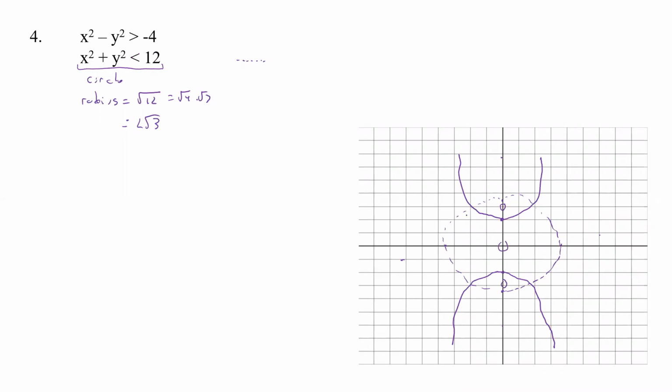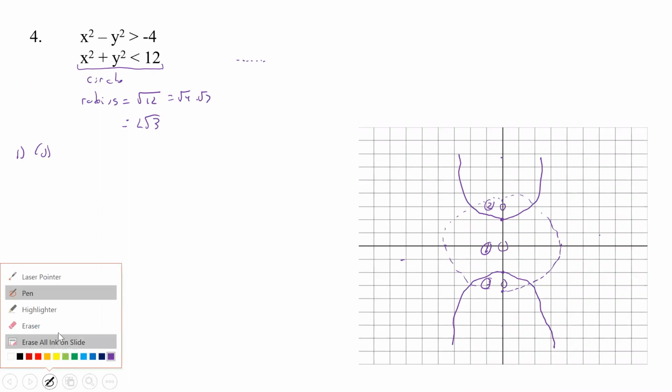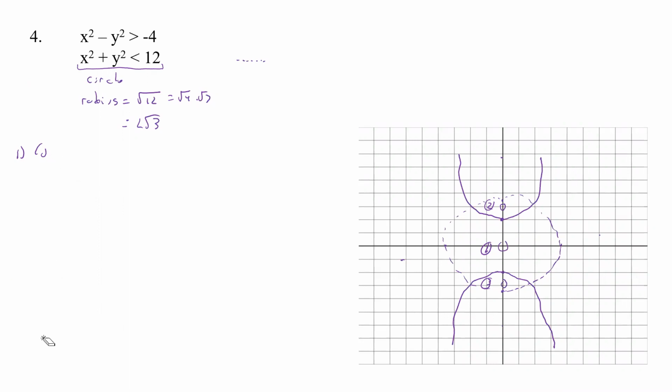So let's say this is region 1, maybe this is region 2, and this is region 3. For region 1, we're going to do 0, 0. If we plug in 0, 0 in this equation, we get 0 squared plus 0 squared is less than 12. 0 is less than 12.